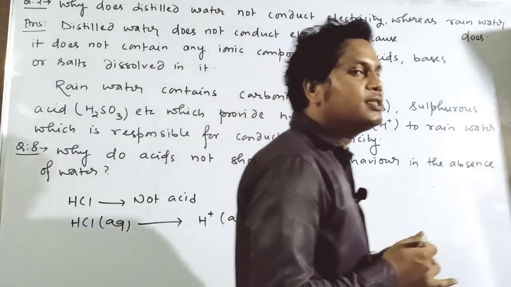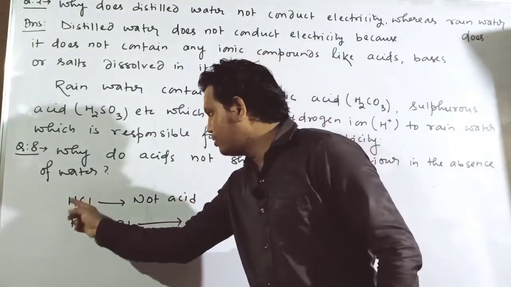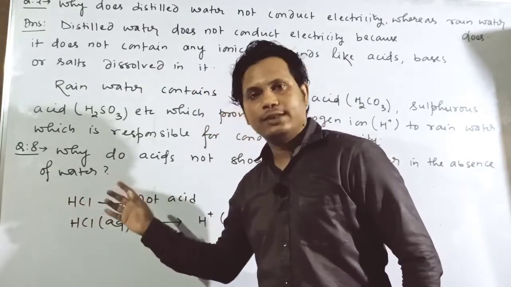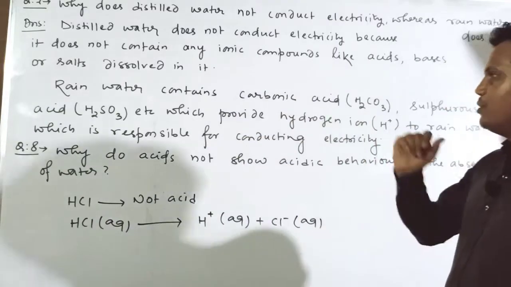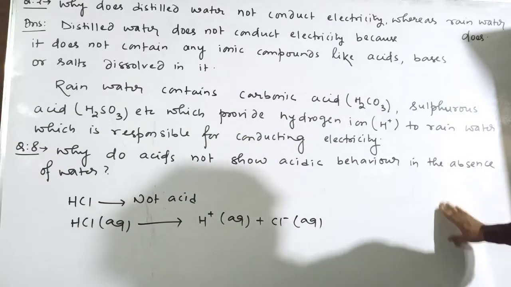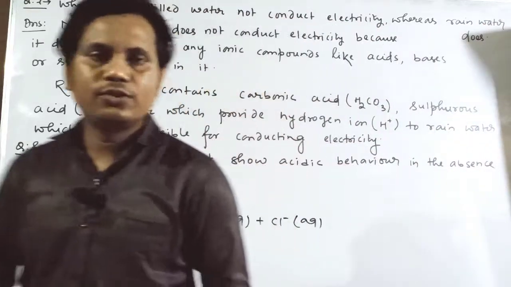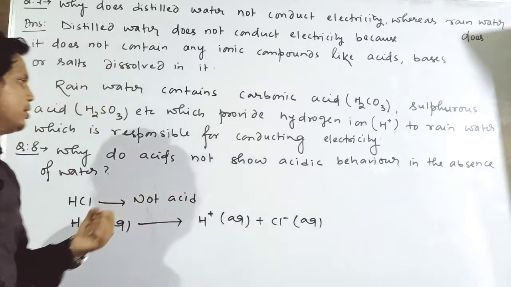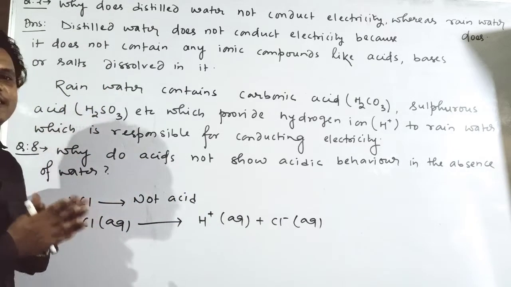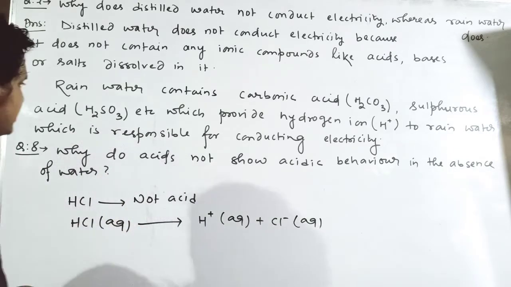A medium is required to break the components of the acid into ions. So what will be the answer? Why do acids not show acidic behavior in the absence of water? In the absence of water, acid does not show acidic behavior. Why? Because it does not produce any ions.